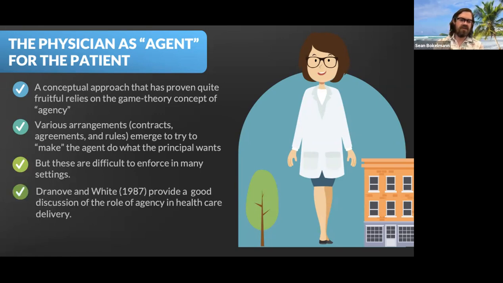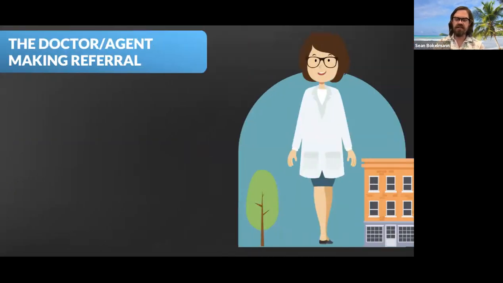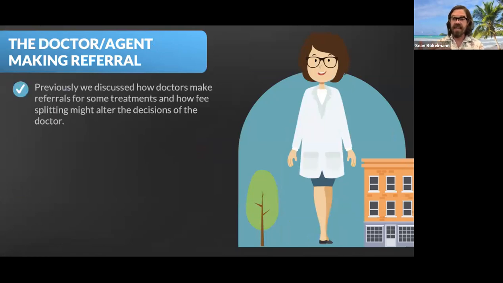And so Dranove and White provide a good discussion of the role of agency in healthcare delivery. They think about this from basically the standpoint of the doctor making referrals, right? That's how the doctor is acting as an agent. They're referring the patient to other doctors, and that's the agency that the doctor provides.